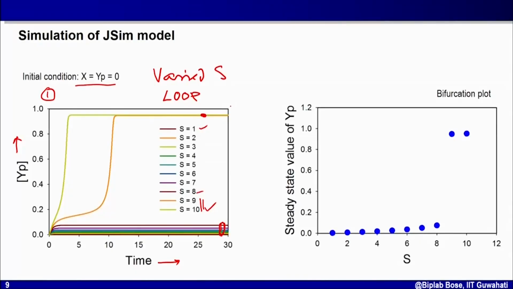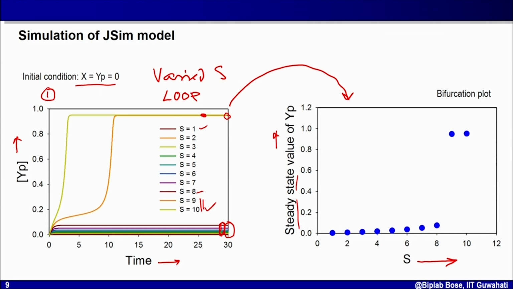I can use this data and plot a second plot where I will put s on my horizontal axis and the steady state value of yp on the vertical axis. How do I get the steady state value? I take the value of yp at t equal to 30 or at the end of the simulation. By that time, the system has reached steady state.